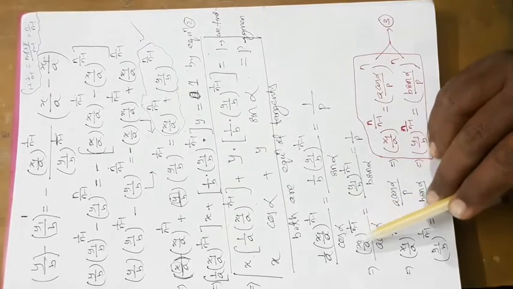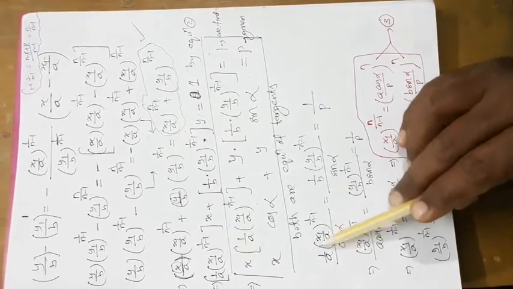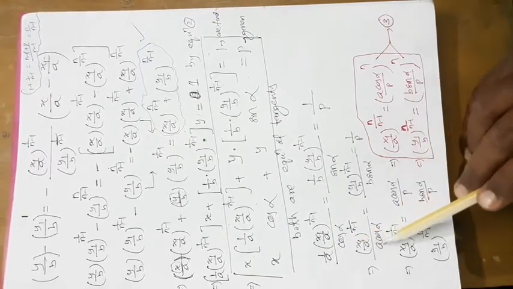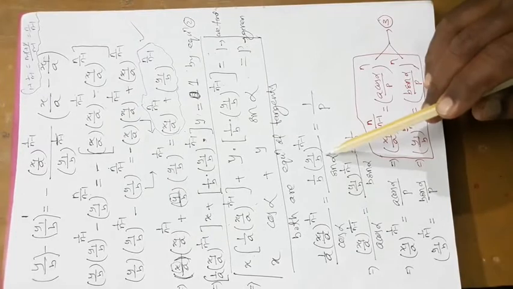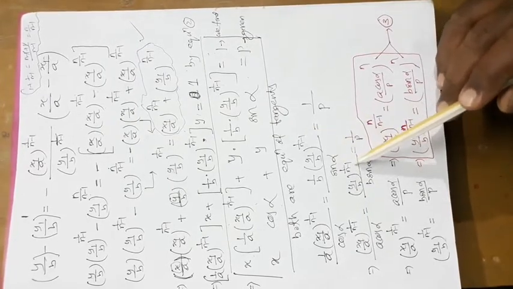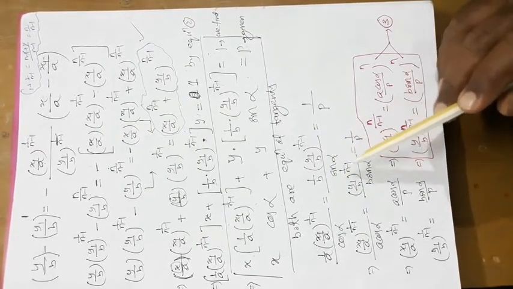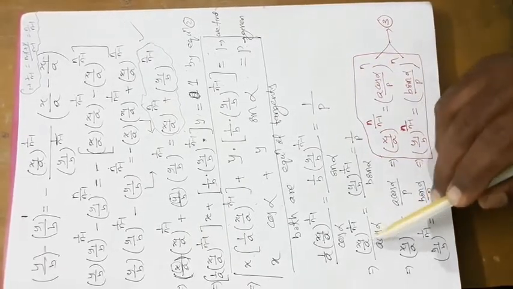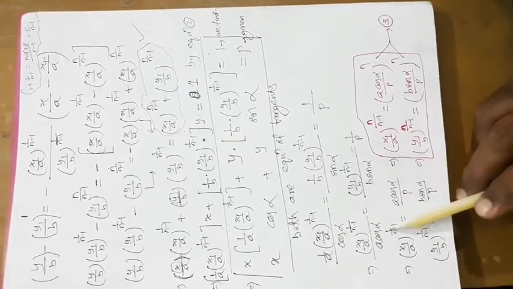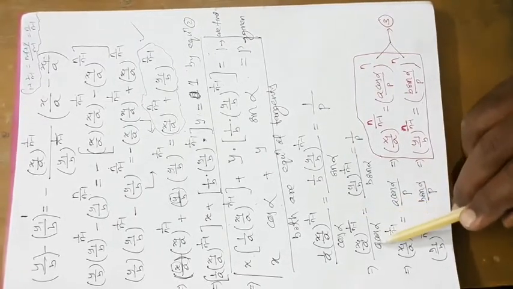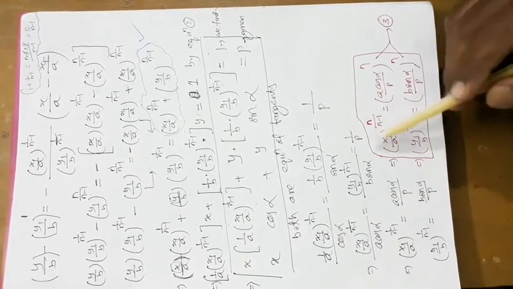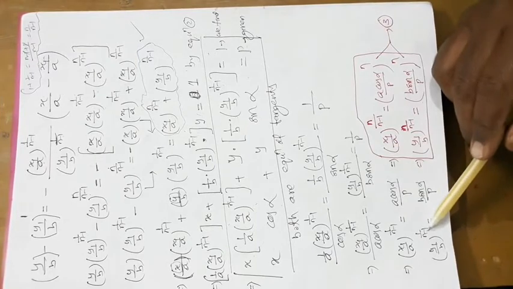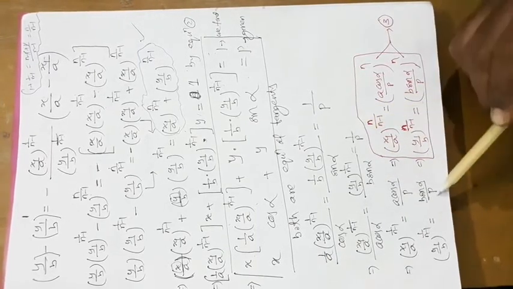Then what will you do? (x1 by a)^(1 by n minus 1), just 1 by a, so write it as a cos alpha. (y1 by b)^(1 by n minus 1), multiply this by b, b sin alpha is equal to 1 by p. So tell me, what is (x1 by a)^(1 by n minus 1)? It is simply a cos alpha by p. Similarly, (y1 by b)^(1 by n minus 1) is equal to b sin alpha by p.